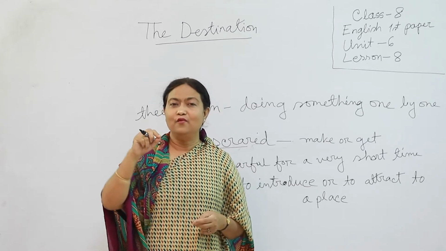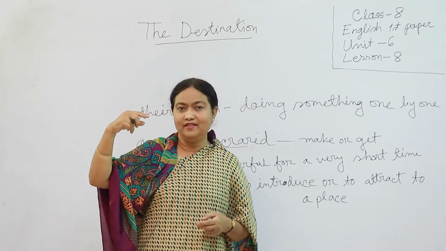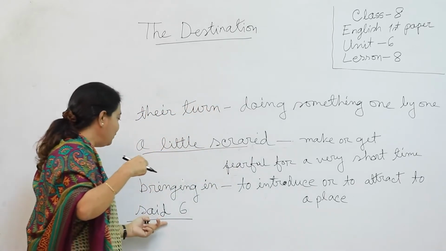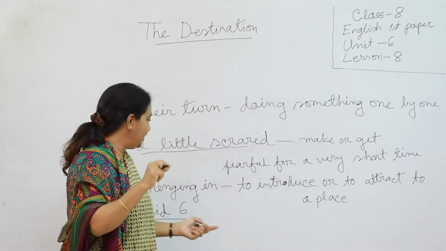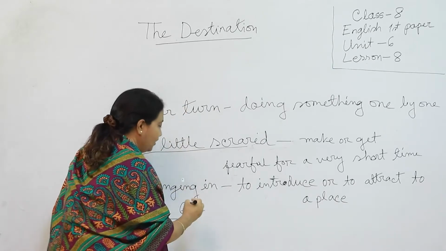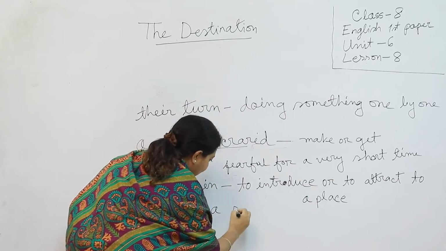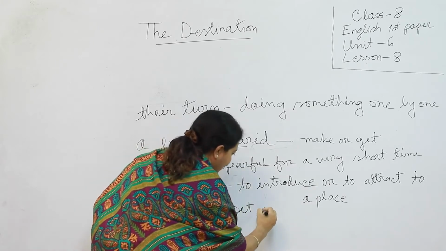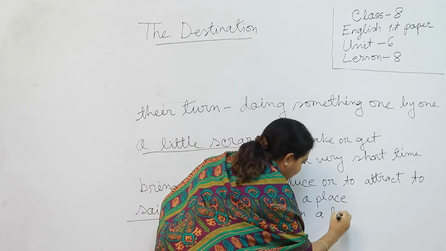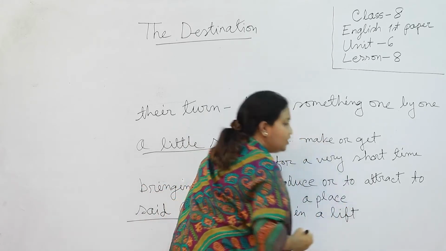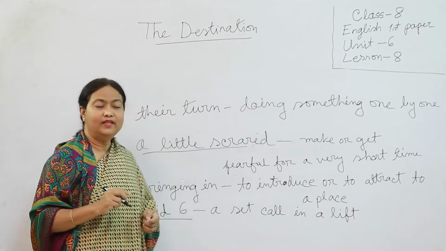This call is for going to any level of the floor or apartment. So, said 6, that means you have to press the button 6, and said 6 here, the contextual meaning is a sound call in a lift or elevator.